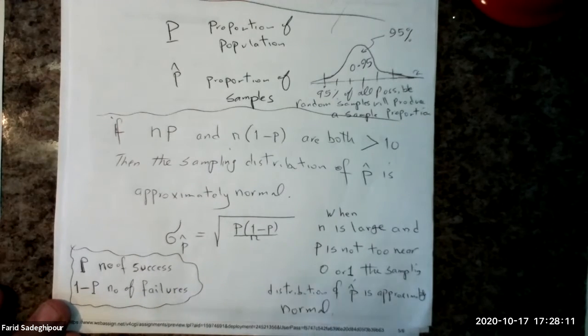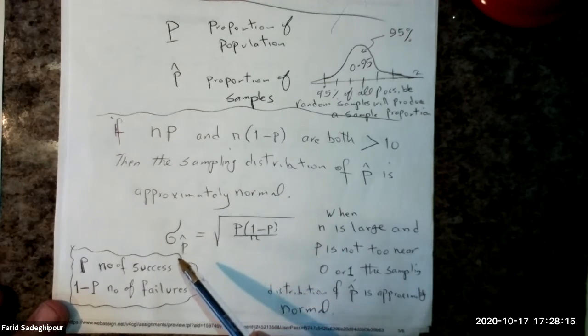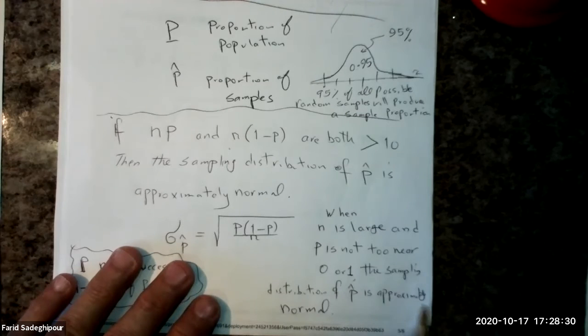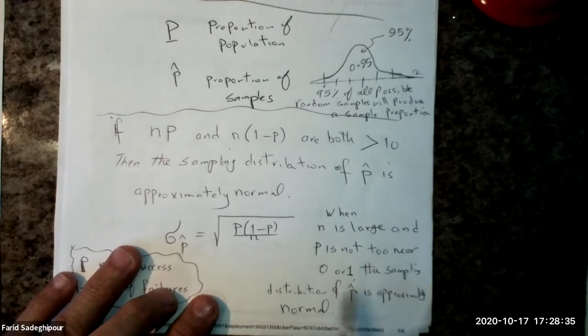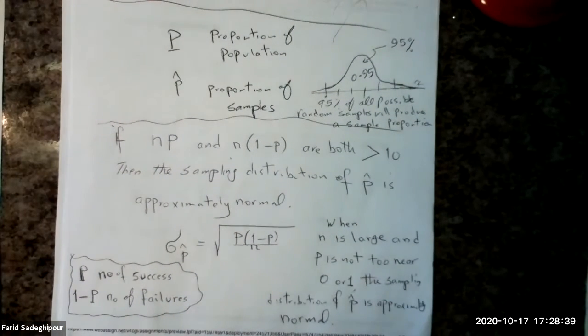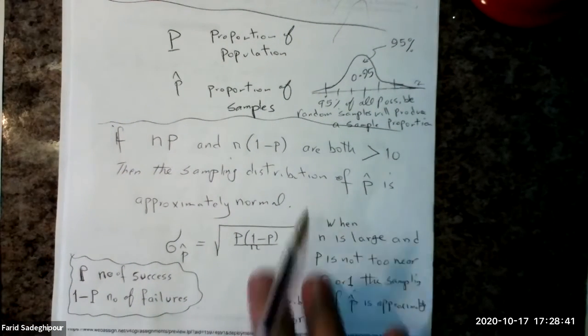For instance, if I say 40% of people oppose and find the probability of people who oppose, that would be your probability of success. Subtract from 1, and 60% do not oppose that rule or whatever it is. When n is large and p is not too near 0 or 1, the sampling distribution is always normal.